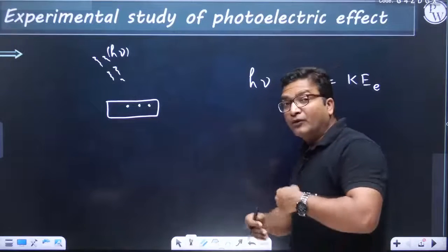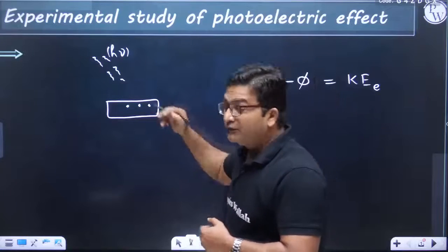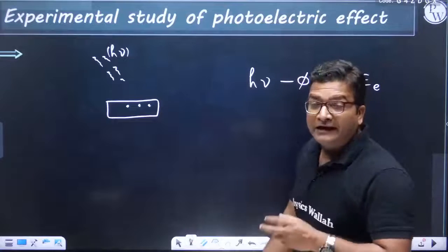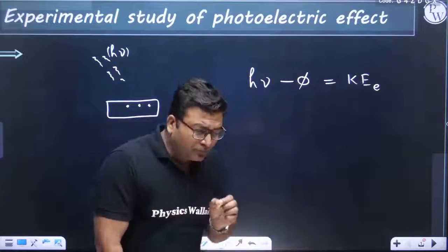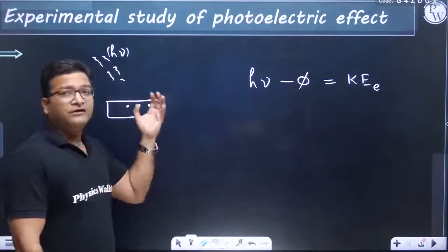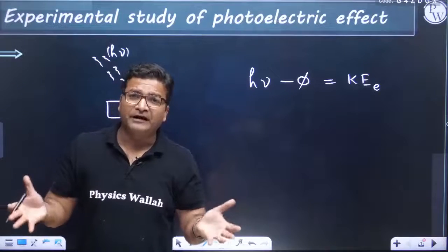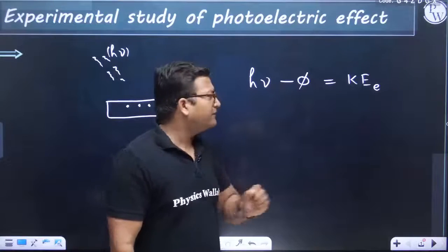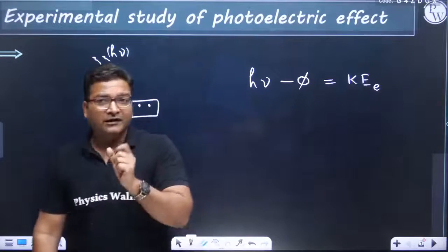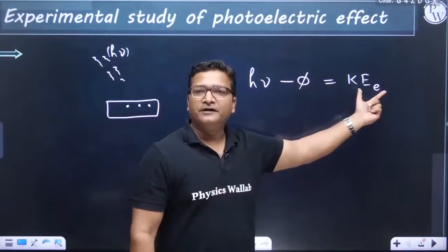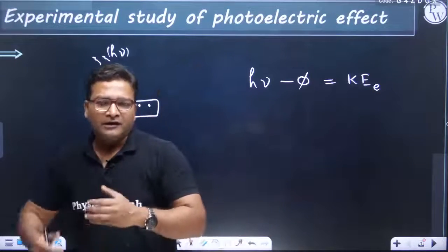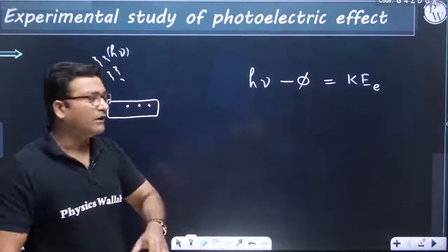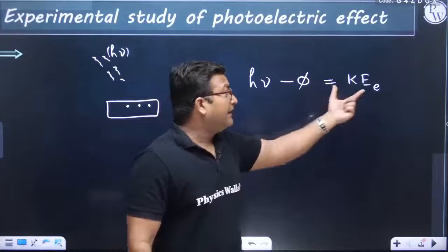If they lose more energy during collisions, obviously the electrons coming out would have less energy. Only the few electrons that come out of the metal surface without colliding with any other particle have energy equal to h nu minus phi. So only a few electrons come with this maximum energy, and the remaining electrons, since they lose some energy during collisions, come out with energy less than this.